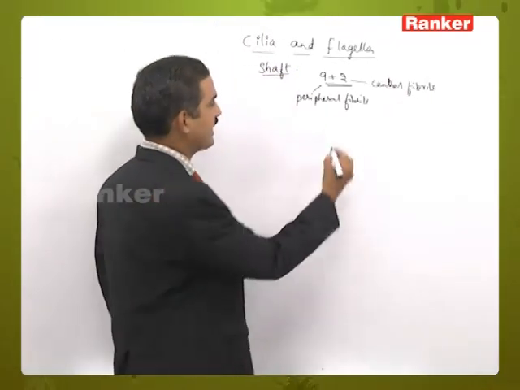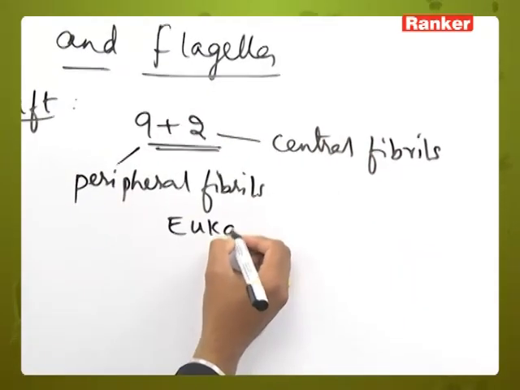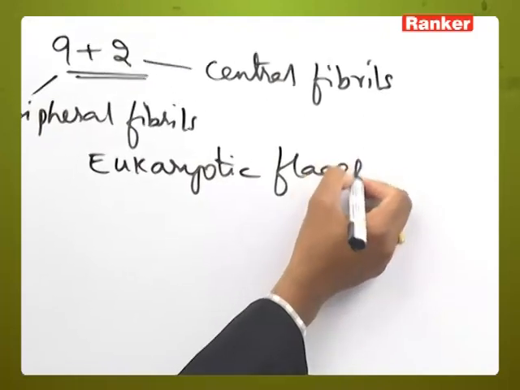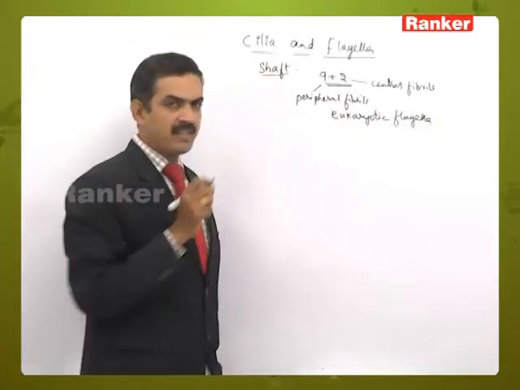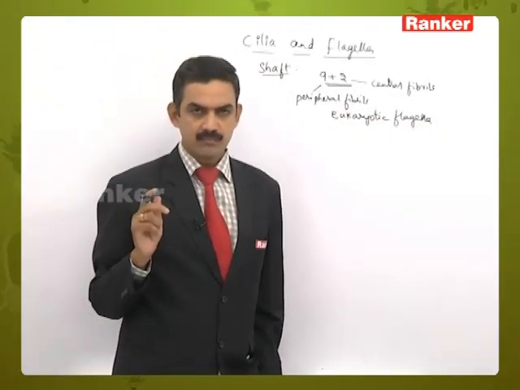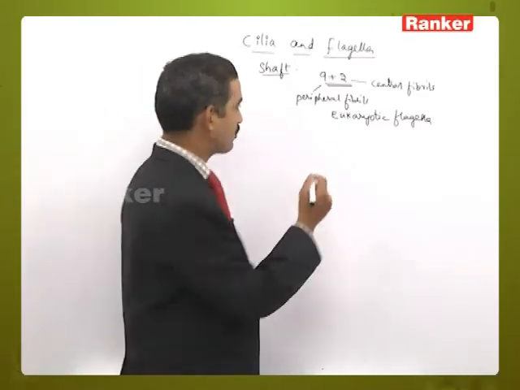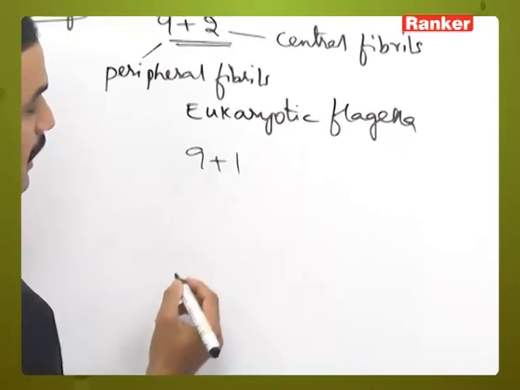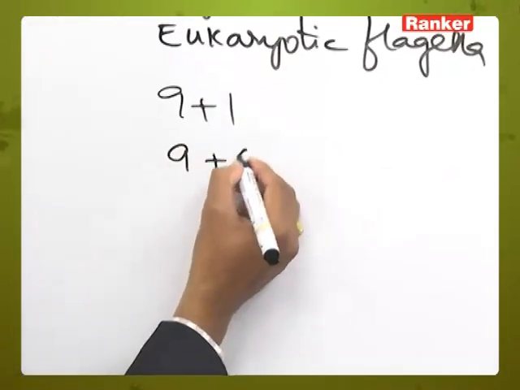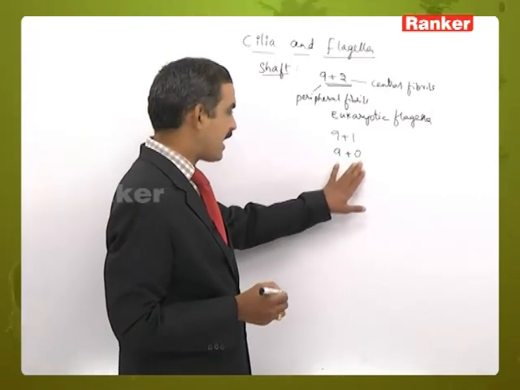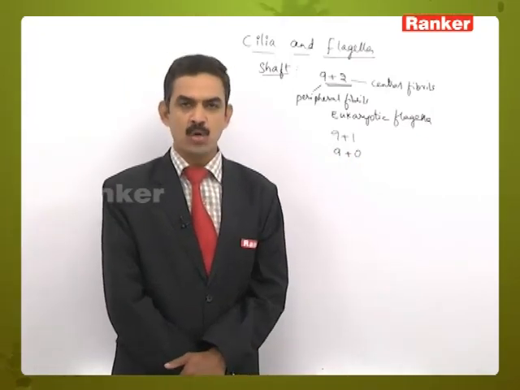This type of organization can be seen in the eukaryotic flagella. But in some of them we can see an exception where 9 peripheral fibrils are present but only 1 central fibril, which is called a 9+1 arrangement. There are also cases where the central fibrils are completely absent, which we call a 9+0 arrangement.